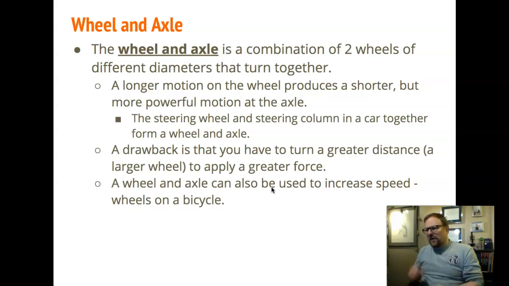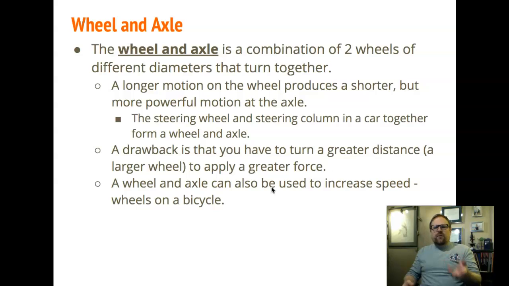They form a wheel and axle, and so your steering wheel, you don't put much effort on that steering wheel to turn the wheel itself. But what that does is it produces a much stronger force on the little axle, the steering column, that goes into the vehicle itself, that causes the wheels to turn.